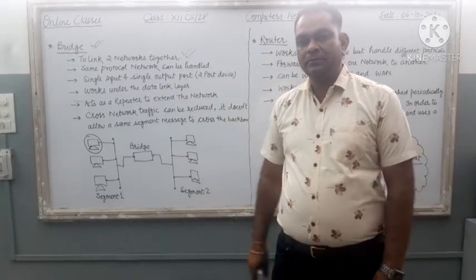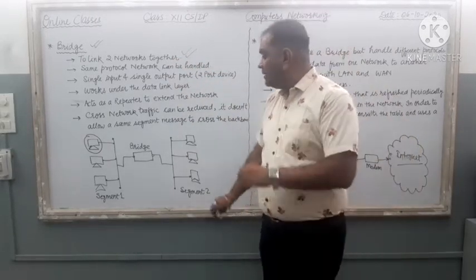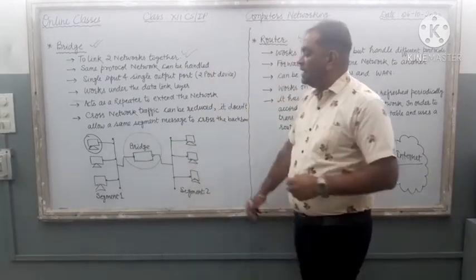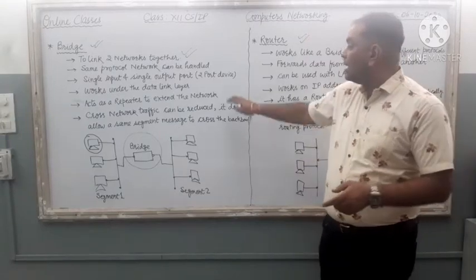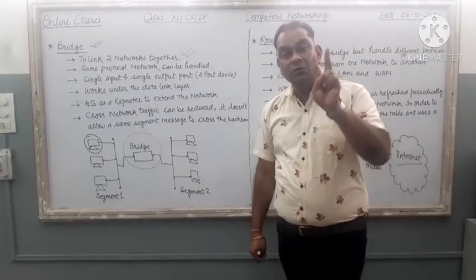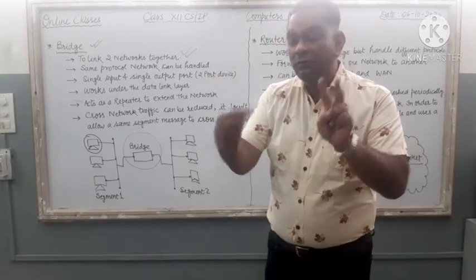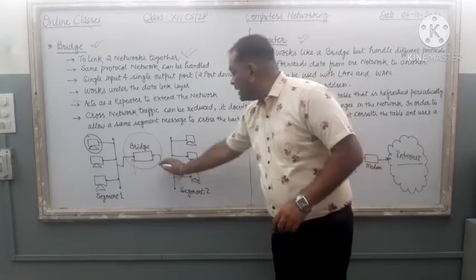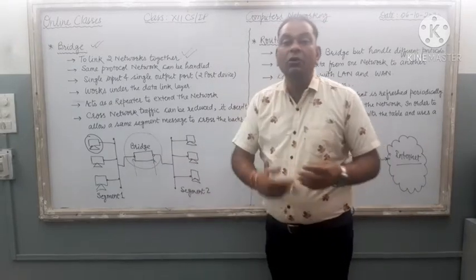from the market, right? If you see the image, the bridge is a two-port device only. It has two ports only. The first one we can say is the incoming port, and this one we can say is the outgoing port, right?